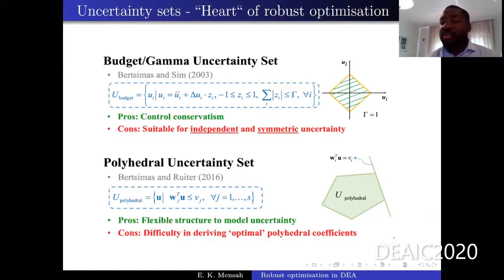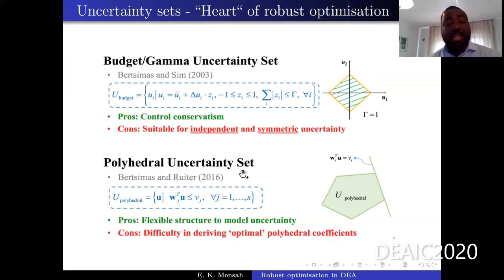And it controls the number of parameters that are allowed to vary from the nominal values. In this case, it provides a trade-off between optimality and robustness. The disadvantage is that the assumption made on the uncertain data is that they must be independent and also symmetric.